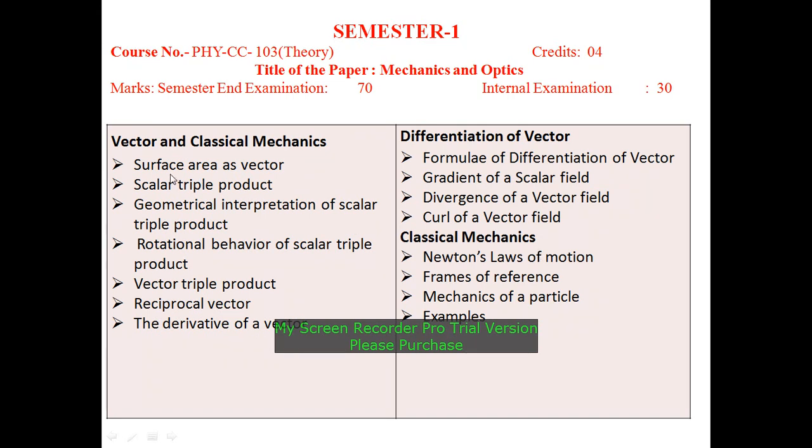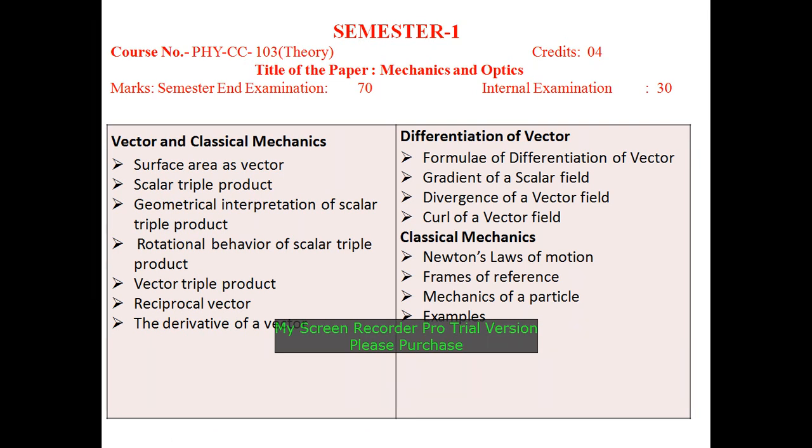So here we have surface area as a vector, scalar triple product, geometrical interpretation of scalar triple product, rotational behavior of scalar triple product, vector triple product, reciprocal vector, and the derivatives of vector. Actually, these are all theory topics, but not very lengthy.